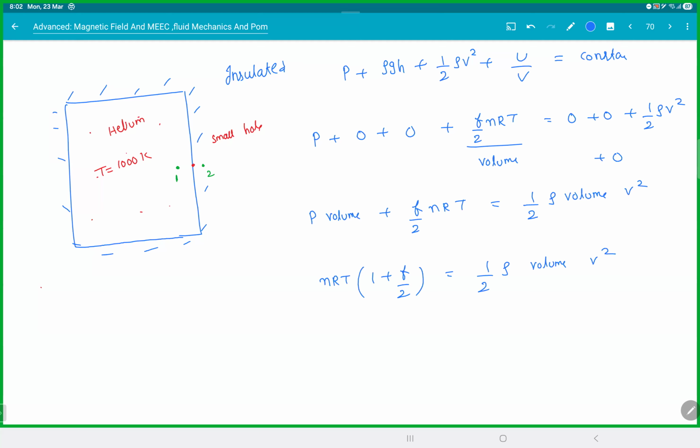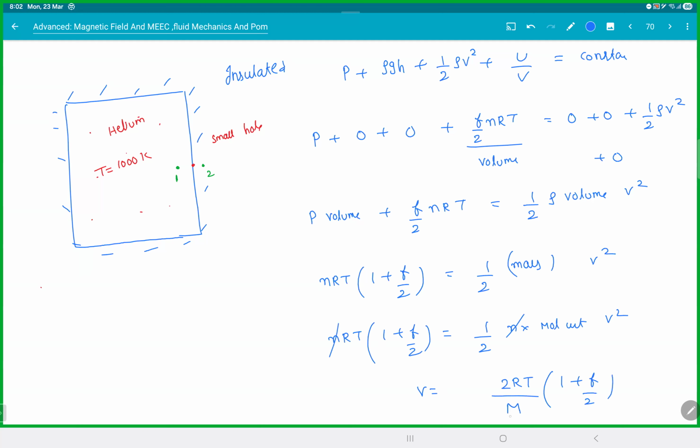Right? So this rho into volume is nothing but mass, but mass can be written as number of moles times molecular weight. So this will be half into number of moles into molecular weight, V square. So this would be nRT into 1 plus F by 2, and n will cancel. You get the speed V is equal to the square root of 2RT into 1 plus F by 2 divided by the molecular weight of the gas.